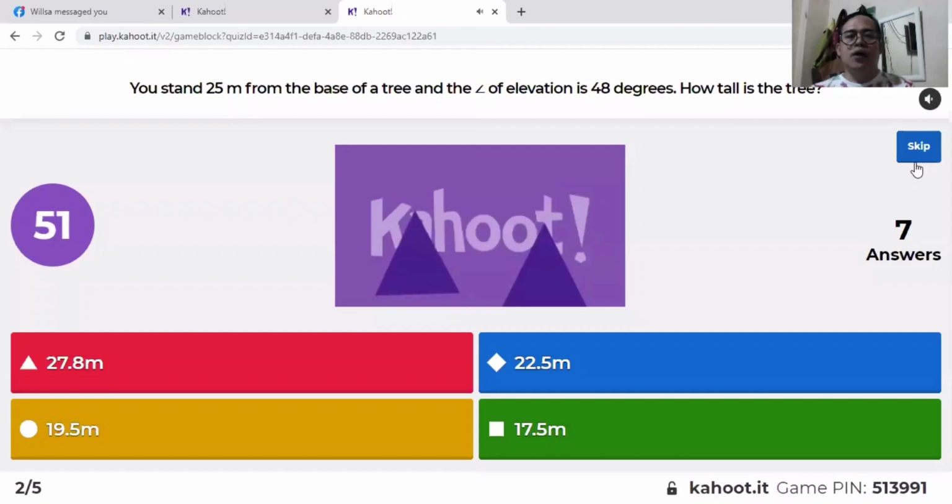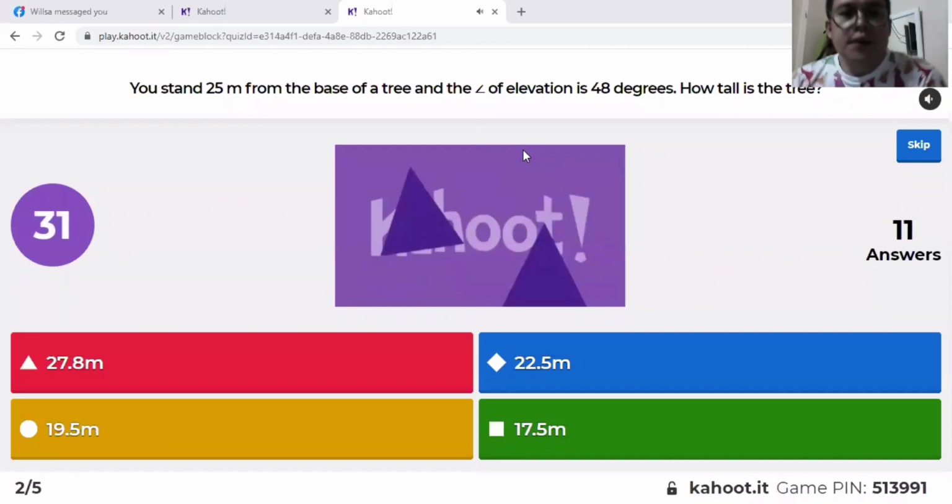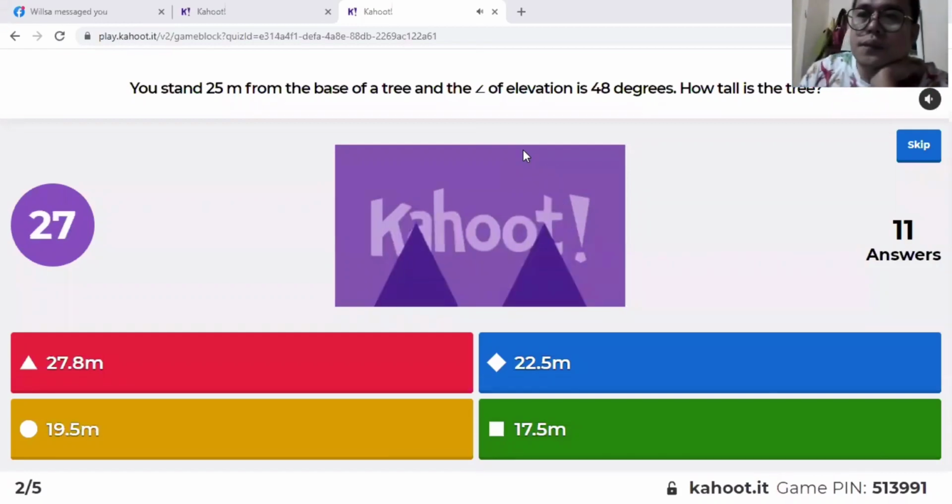Last week, we also talked about the derivation of formula. So you learn also how to derive the formula. You have half a minute left.